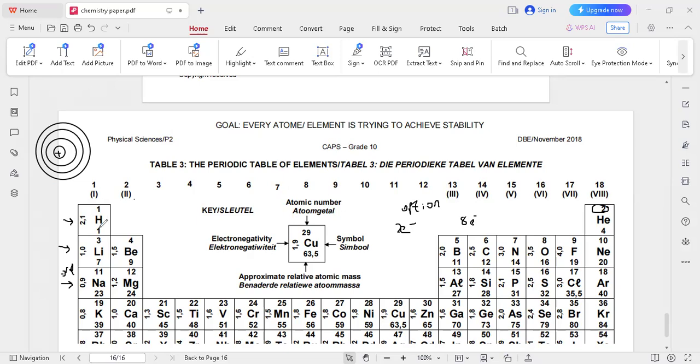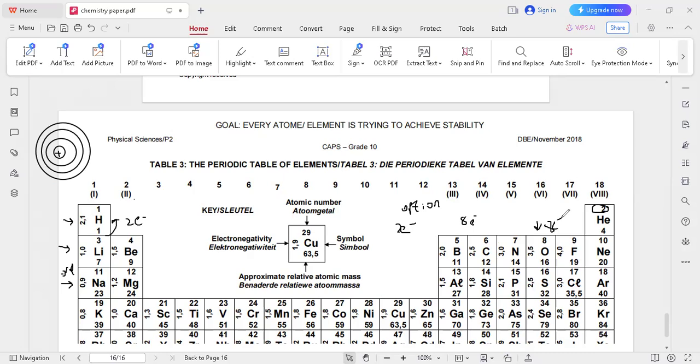So, for example, lithium, it will be easier for it to lose the electron and go to energy level 1, which is basically a maximum of 2 electrons in your outer energy level. But oxygen doesn't have the same requirements, and these are based on their capabilities. Oxygen will try to achieve 8 electrons.